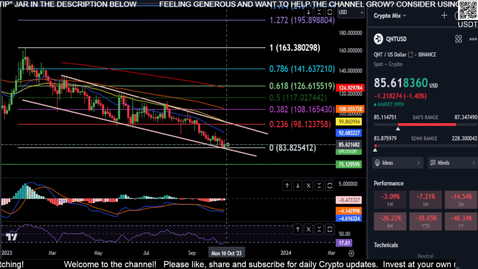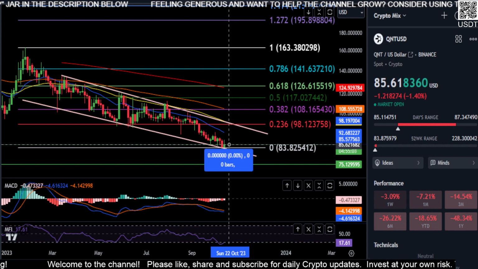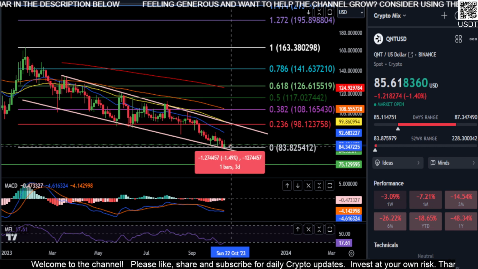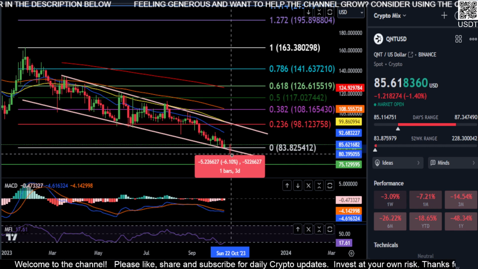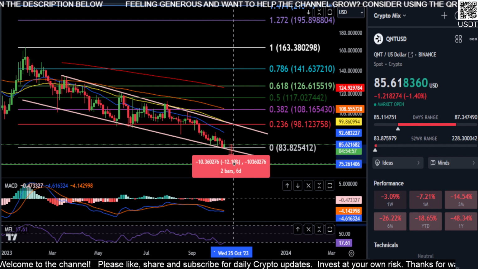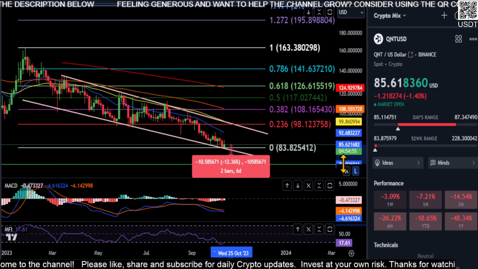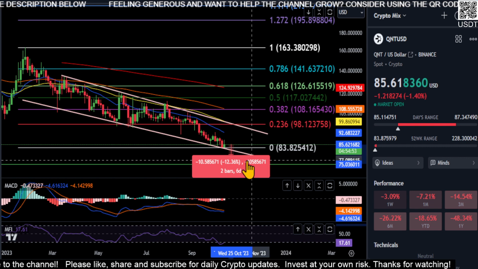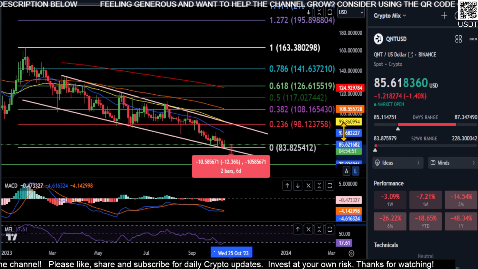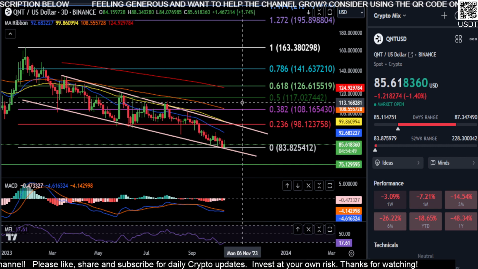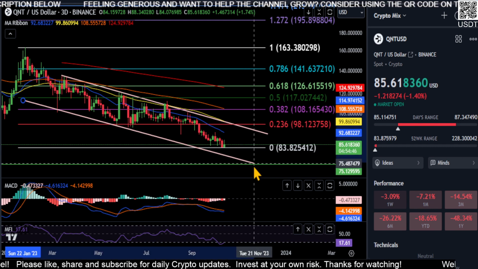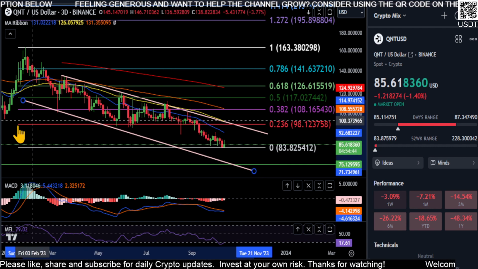But leave some on the side to see if maybe QNT here is going to drop below 83, break through the bottom of this pattern here, and come down to the $75 area where this green support line is for about another 12% drop here, which I don't think we can really push the narrative with this here by drawing this.